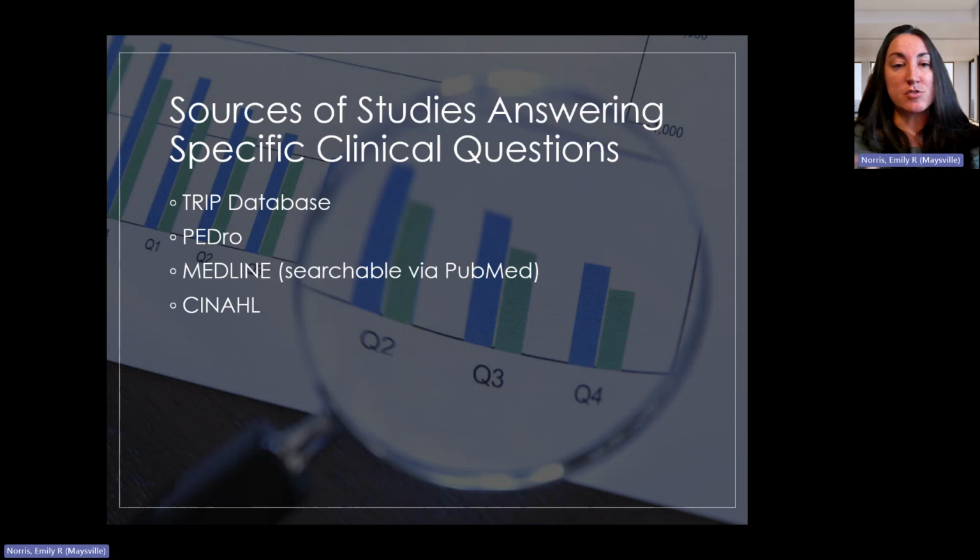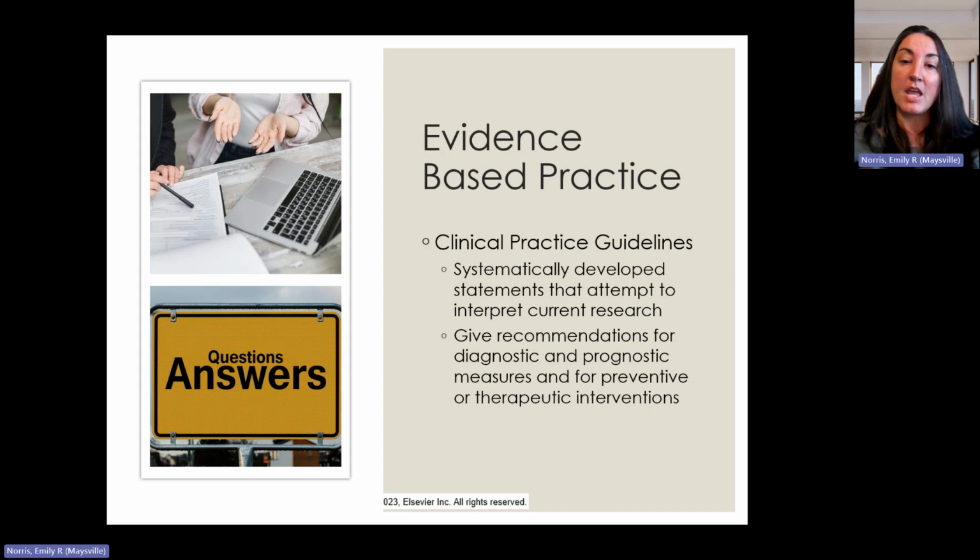Some of the sources, these are just different databases that you can look up research on so that you're using evidence-based practice. The APTA is also a very good resource for us to look up information and determine what the best evidence is pointing to and what treatment I should be using.